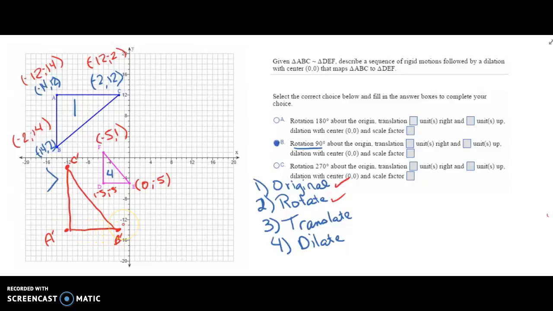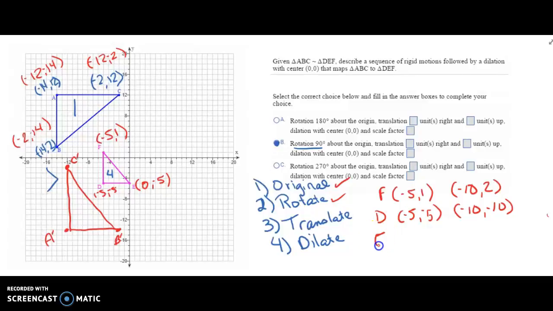So everything is a scale factor of 2. So when I have F at -5, +1, I'm going to go to -10, +2. When I have D at -5, -5, multiplied by 2 is going to be -10, -10. And E is at 0, -5. I'm going to double that, so I have 0, -10.